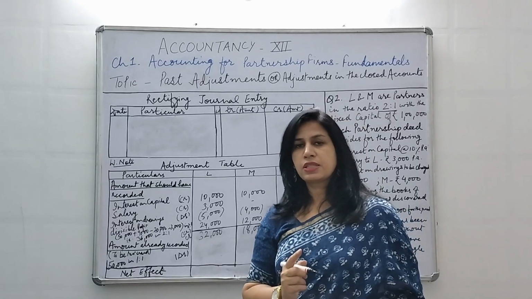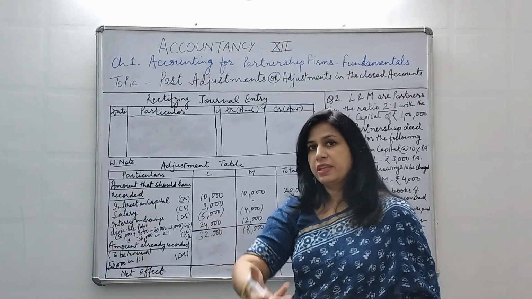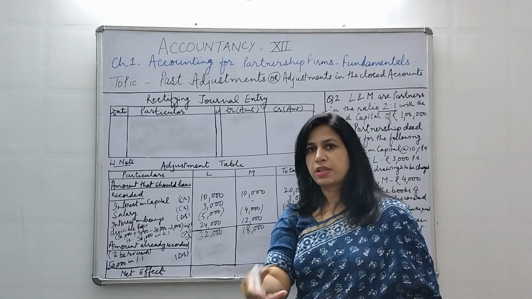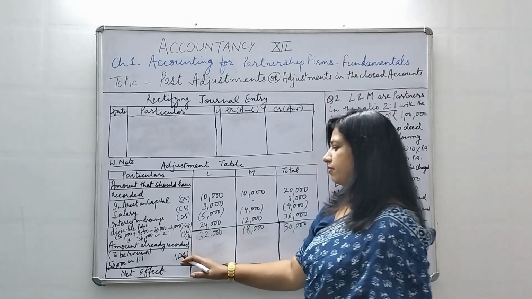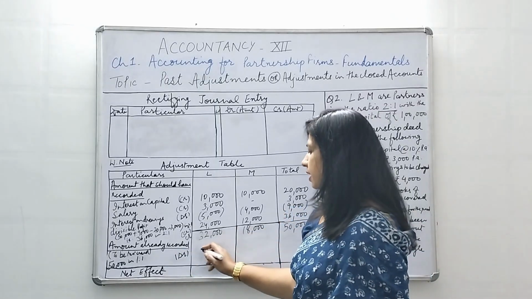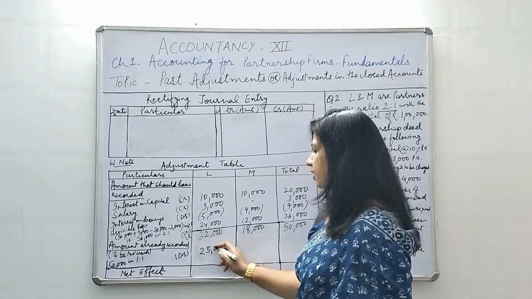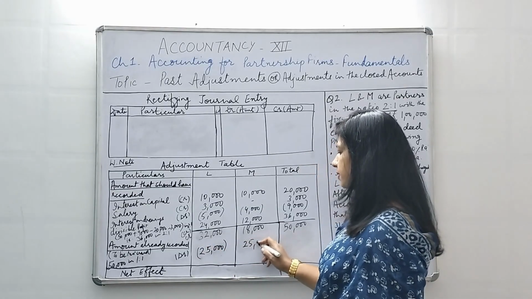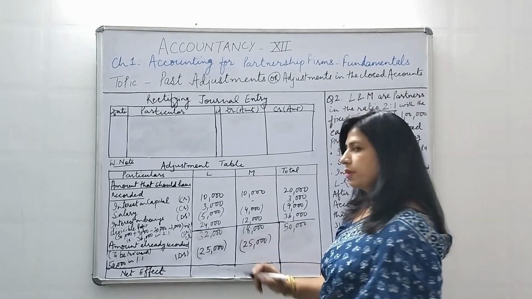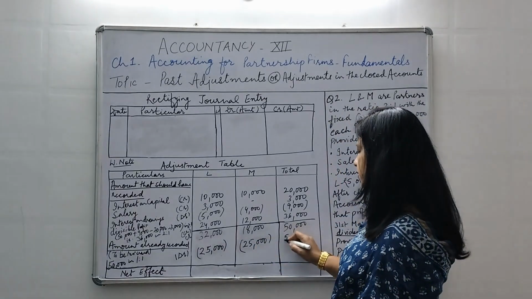Why? Because it has already been given, which was wrong. So it has to be returned. It has to be taken back. So we will debit it. Fine. What is going to be the amount? Equal, we have to divide. So 25,000 each, and it will be put in bracket. Right. So total is 50,000 here.